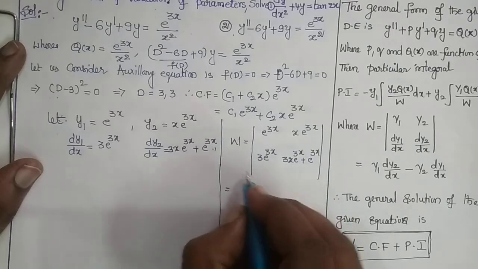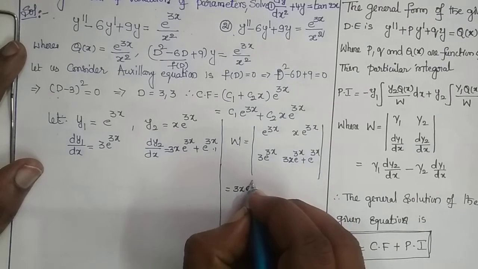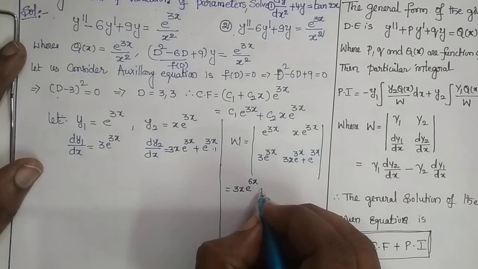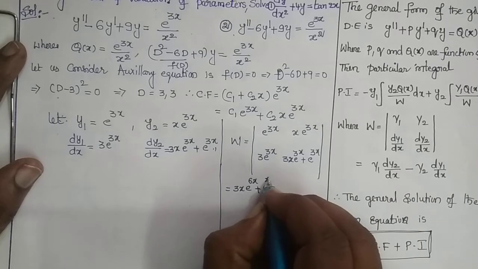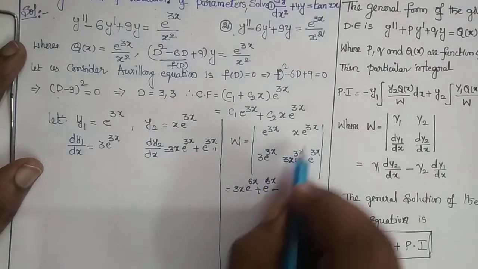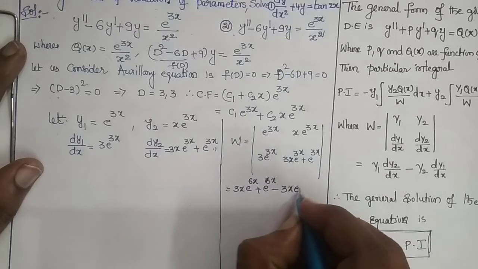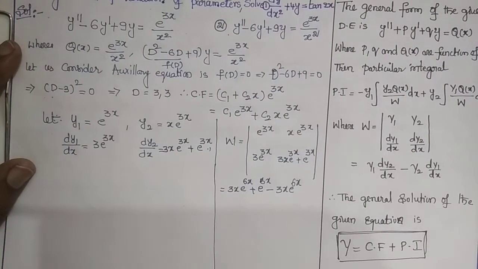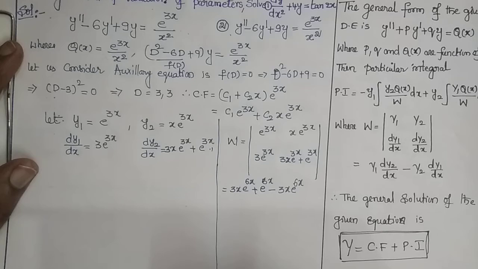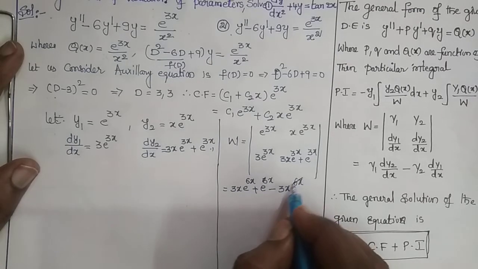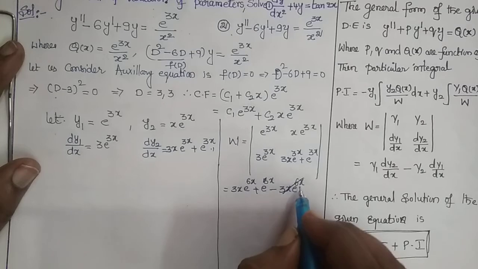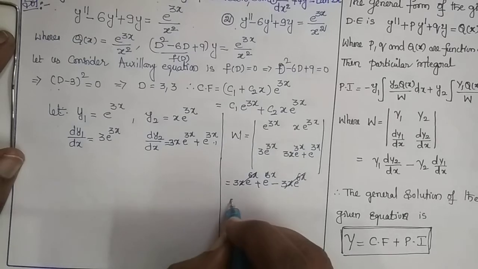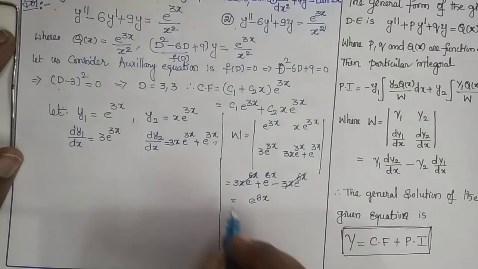Multiplying, 3x into e power 6x, since 3x plus 3x, plus e power 6x, minus 3x into e power 6x. The 3x e power 6x terms, positive and negative, cancel. So the answer is e power 6x. This is the W value.